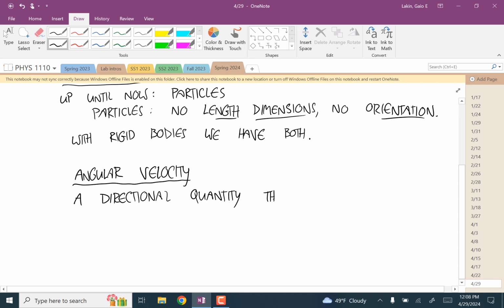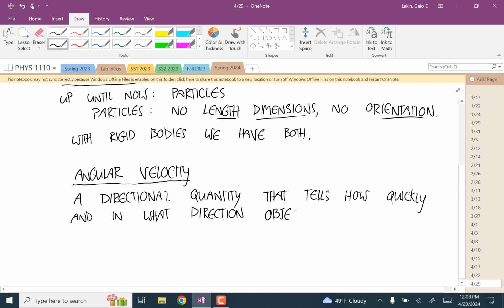That tells you how quickly and in what direction an object's orientation is changing.